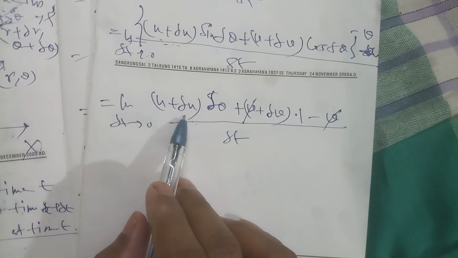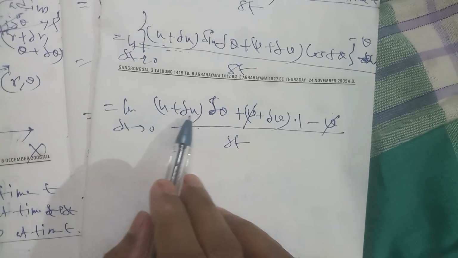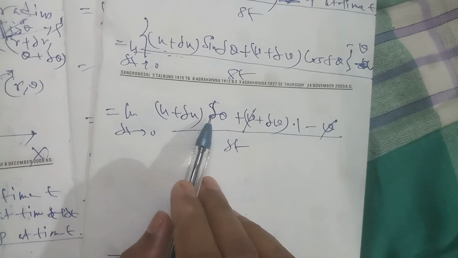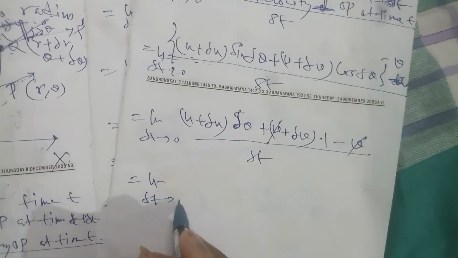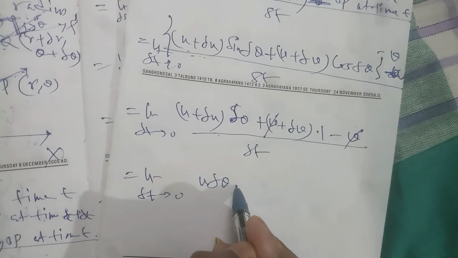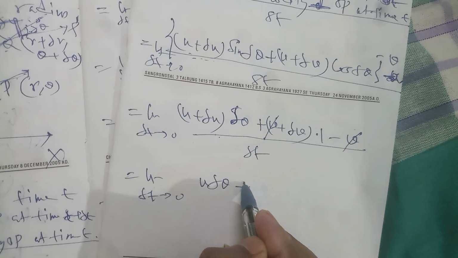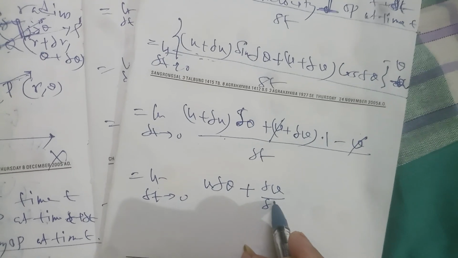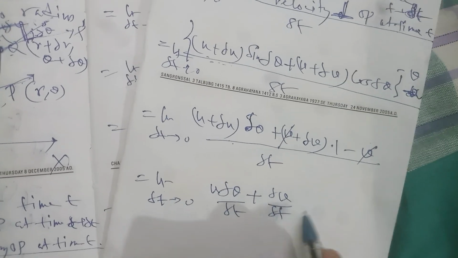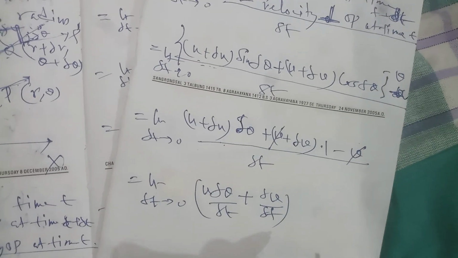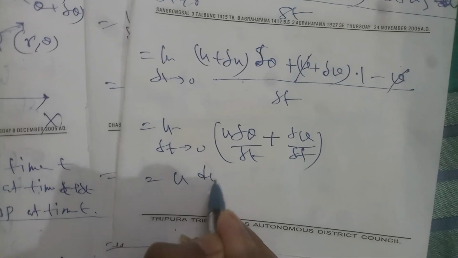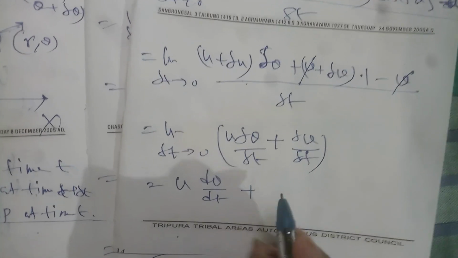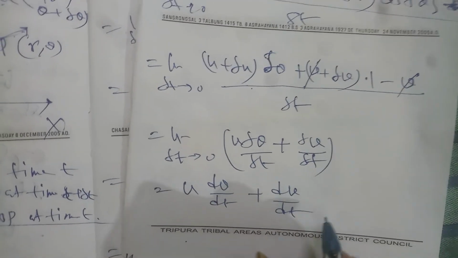Similarly, we neglect the term delta U into delta theta, since the product of very small quantities will be very small. So this will be limit delta t tends to 0, U delta theta plus delta V by delta t. This will be the ultimate component. If we take the limit, it will be U d theta by dt plus dV by dt.